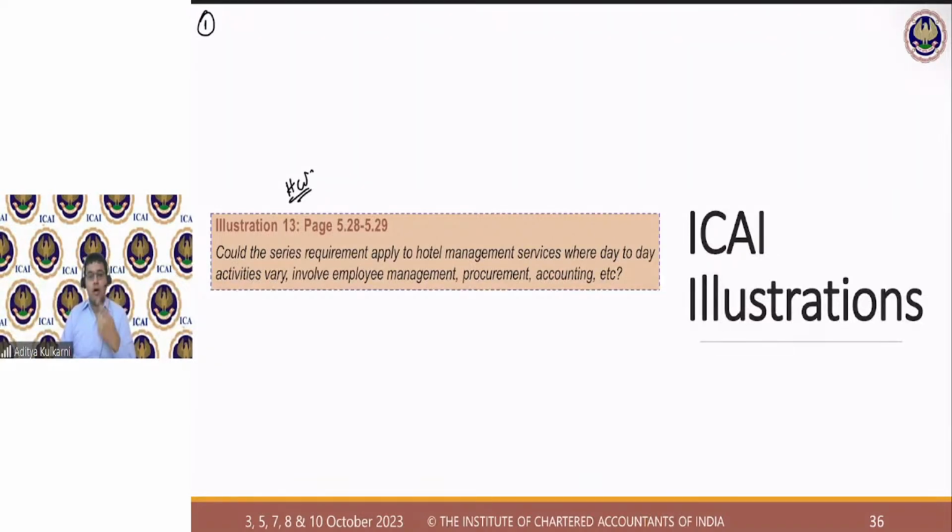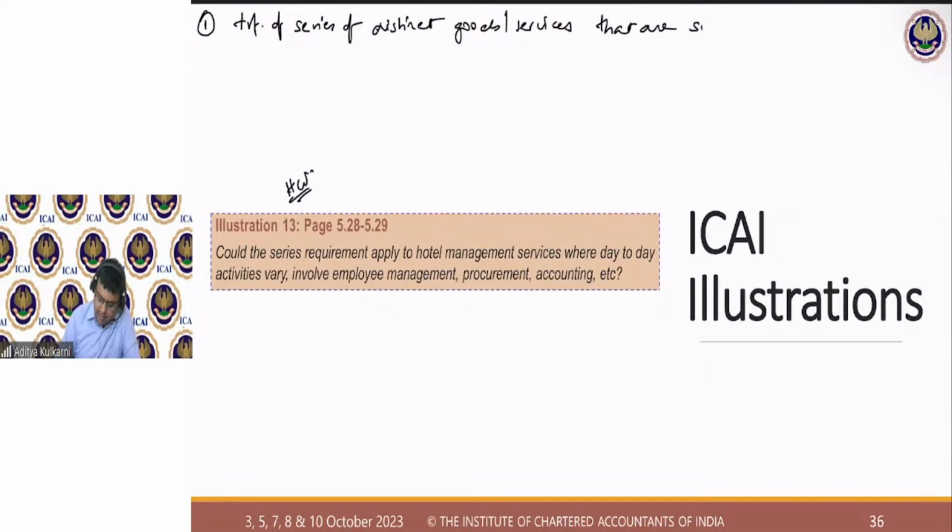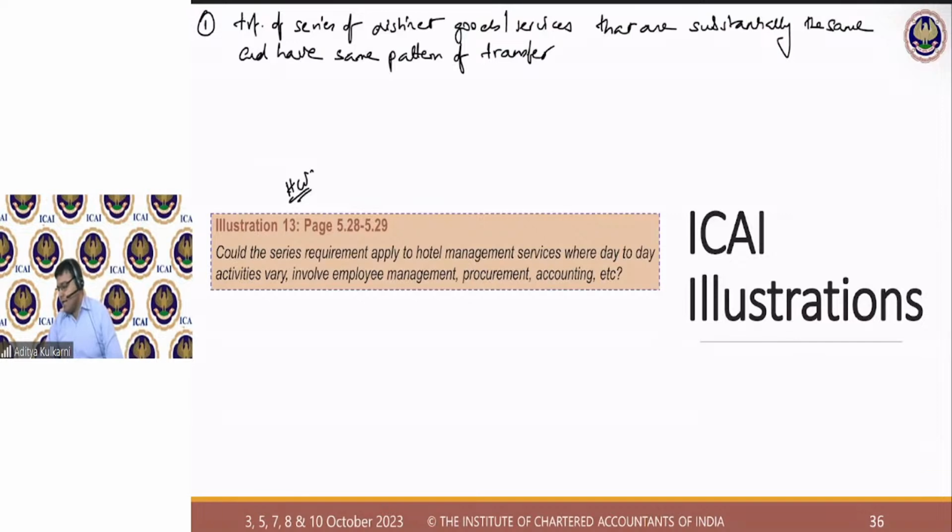We are now studying a modification of that: transfer of a series of distinct goods or services that are substantially the same and have the same pattern of transfer. Okay, all right, now let us start.